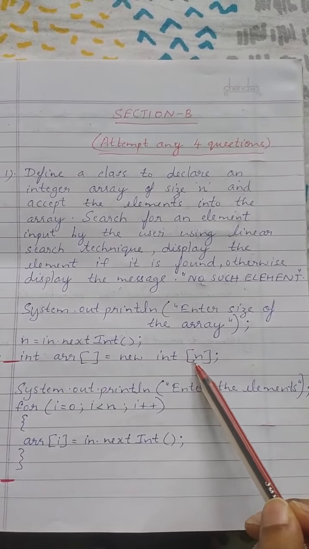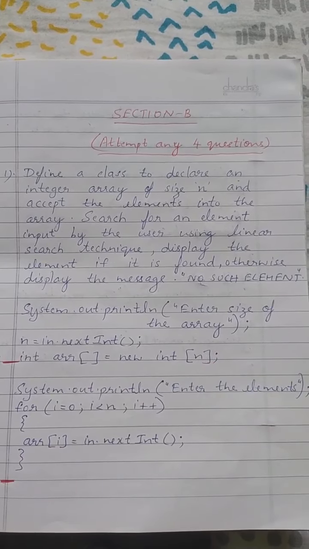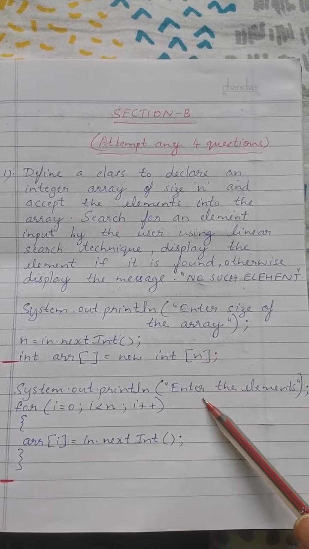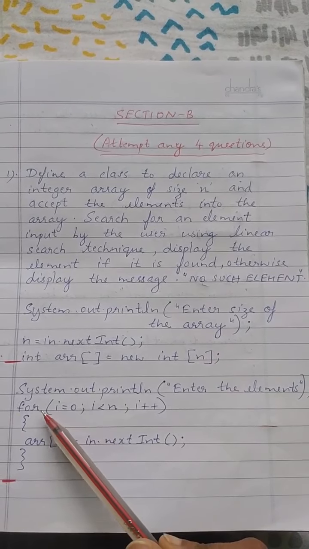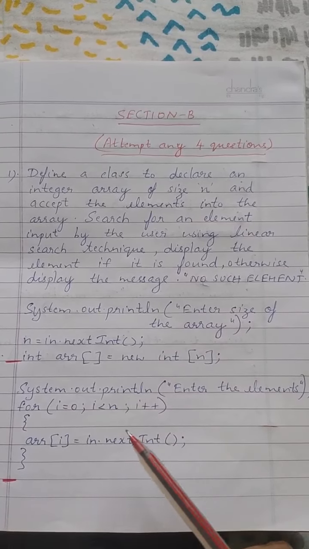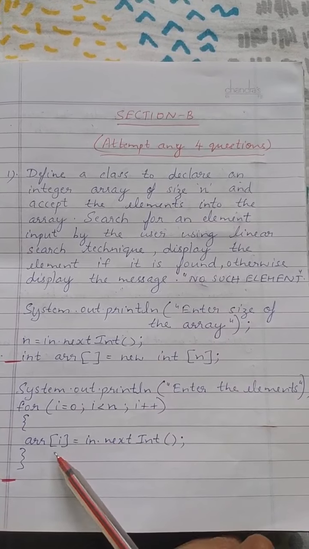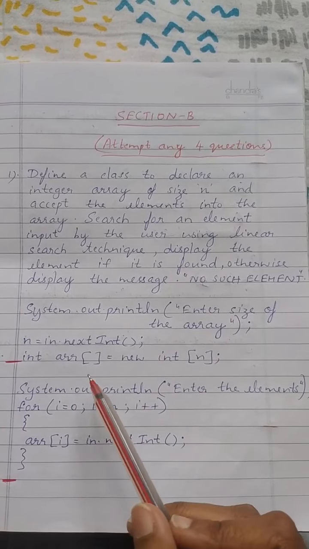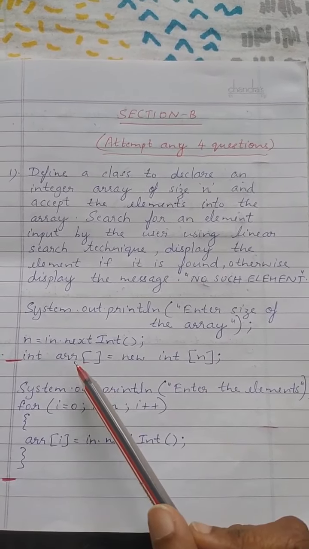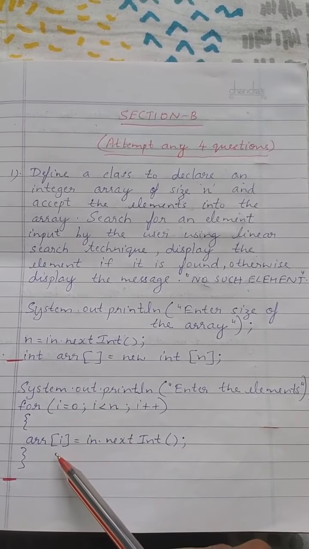So in the subscript I am going to give the size as n, and next I am going to enter the elements. I am using the for loop from 0 to n elements. I have to store all those values into this array. This is my array name ARR, which I already declared. So I have to store all those elements into this array first.